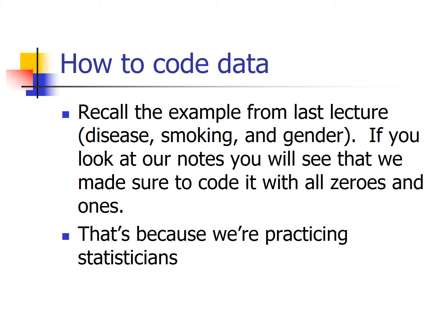If you look back at that data set, you'll see that I inputted it all as zeros and ones. And probably we didn't even blink an eye. Why? Because from the midpoint of Stat 512, we've become very used to working with these things. We call them dummy variables, right? We are practicing statisticians, and we're very comfortable with this idea of dummy variables or indicator variables, of coding things with zeros and ones. Not a big deal.